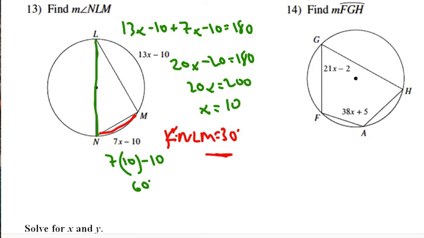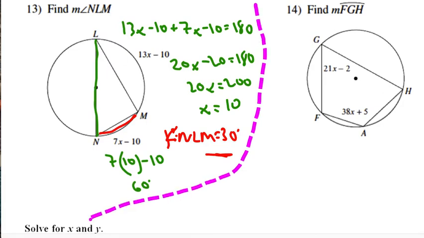Similar logic here for the next one. Let's make a little coordinate off there. What do we know? Well, we know that, and this is where something interesting is going to happen. We know that 38x plus 5 subtends this whole thing. And that's what the 38x plus 5 subtends.